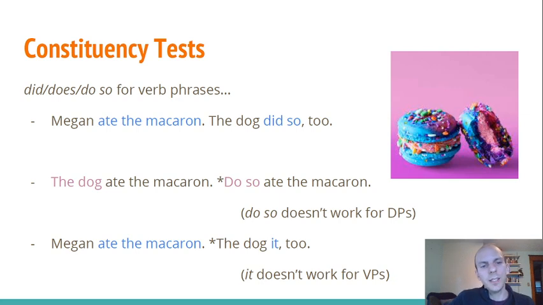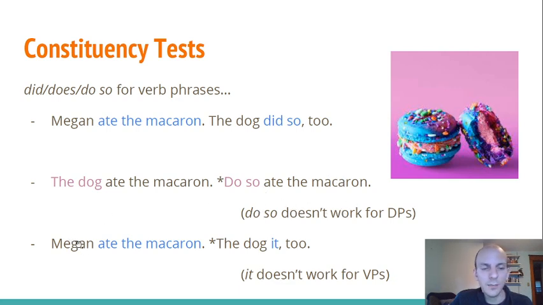Here's more examples. A warning here is that you have to have a suspicion of what type of constituent you're dealing with before you try these proform substitutions. So if we have a nouny thing, like the dog ate the macaron, and we try to use this did so, does so, do so, it doesn't work. Do so doesn't work for the DPs.